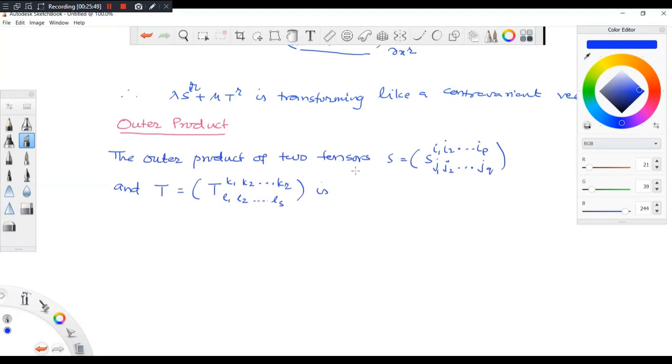The outer product of two tensors S and T is a tensor. Let me denote it by ST in square brackets.